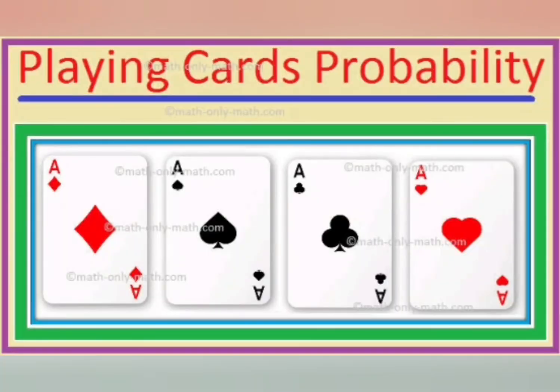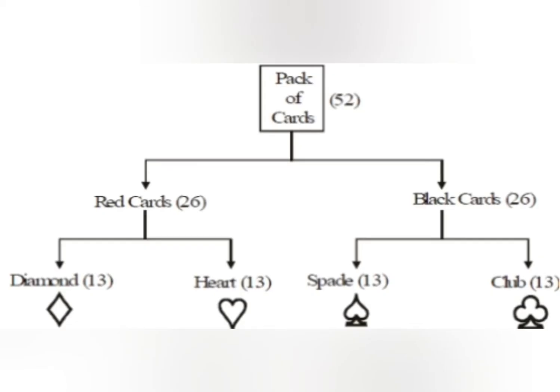So students, let us see the next example of probability, that is playing cards. Here, students, we have the total pack of cards, that is 52, and these 52 are divided into two parts. One is red cards, and the red cards have 26 cards inside, and in black cards, 26 cards are present inside.